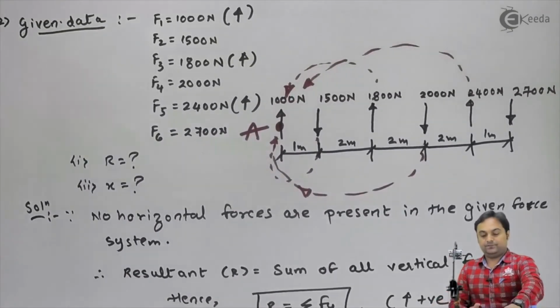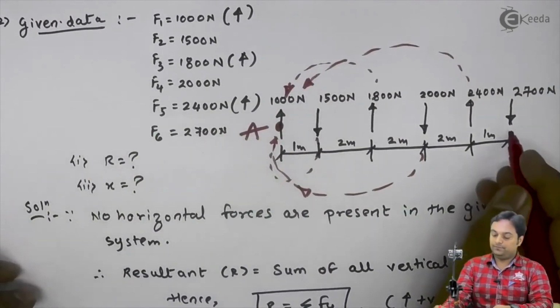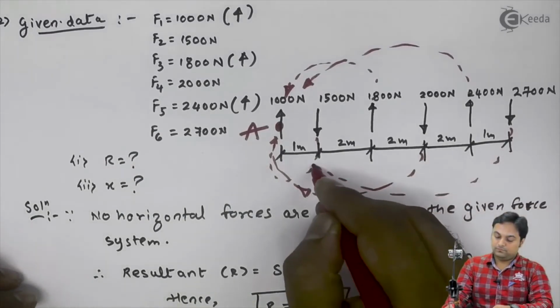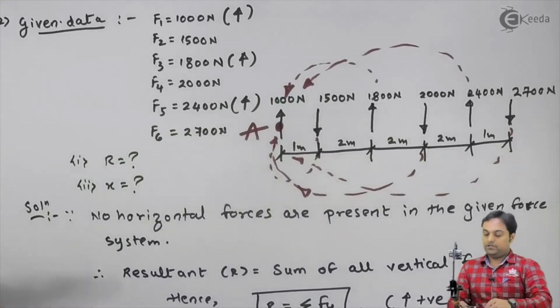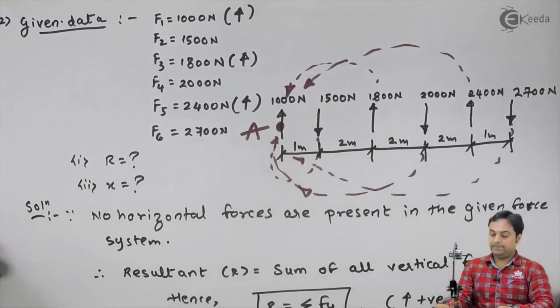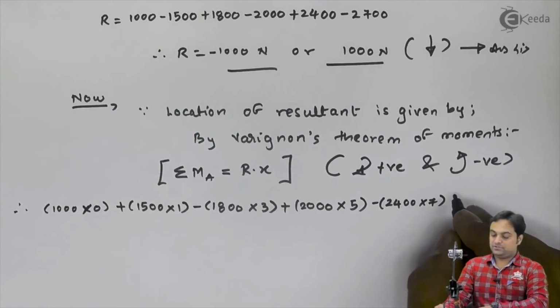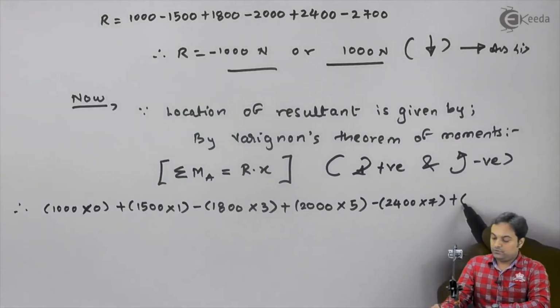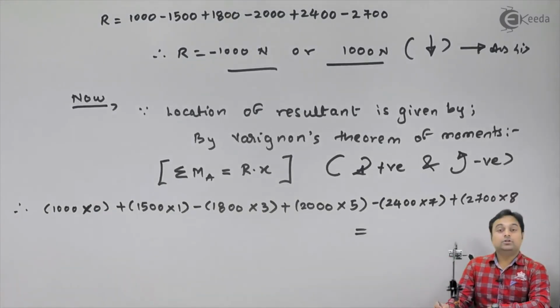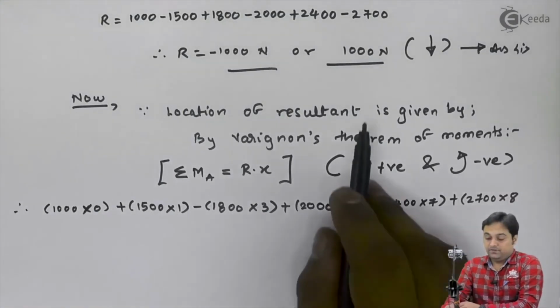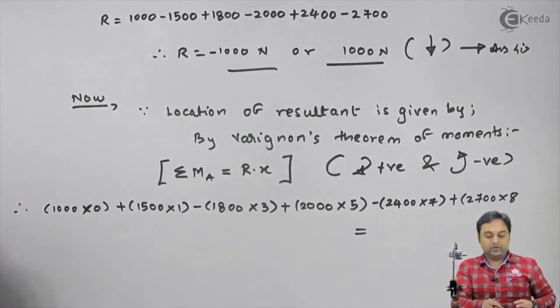at last 2700 Newton clockwise. So plus 2700 into 8 will be equal to the moment of resultant. Resultant is 1000 Newton acting downward.